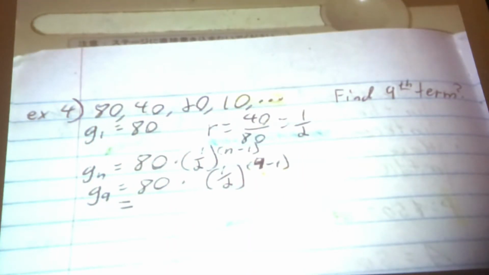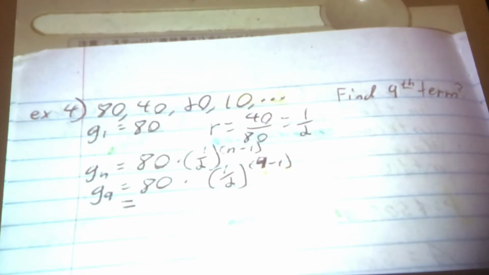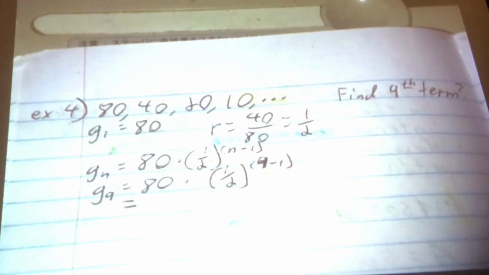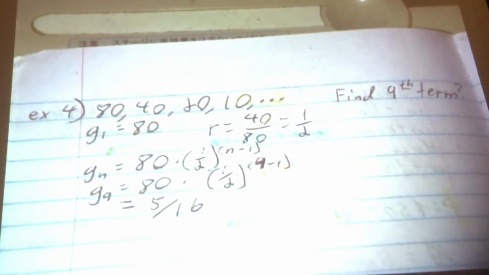Which is equal to what? What's 1/2 to the power of 8? And then times 80. 5 over 16. Yeah. .3125 works together.